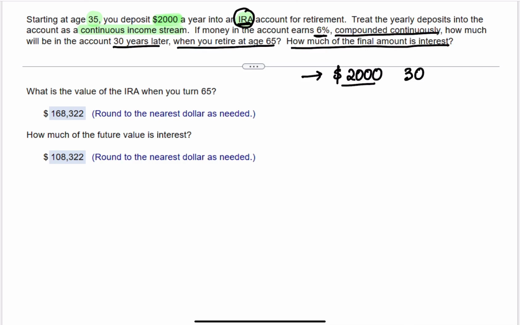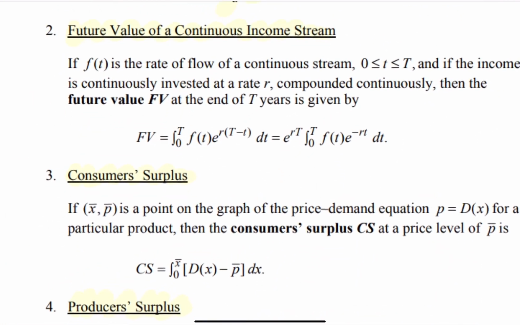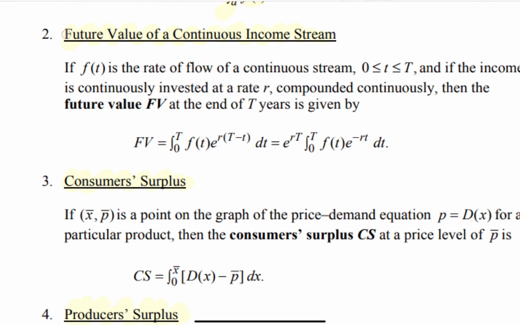It's a continuous income stream. So here we are talking about not the total, but what is going to be your future value. So f of t is the rate of flow of the continuous stream.